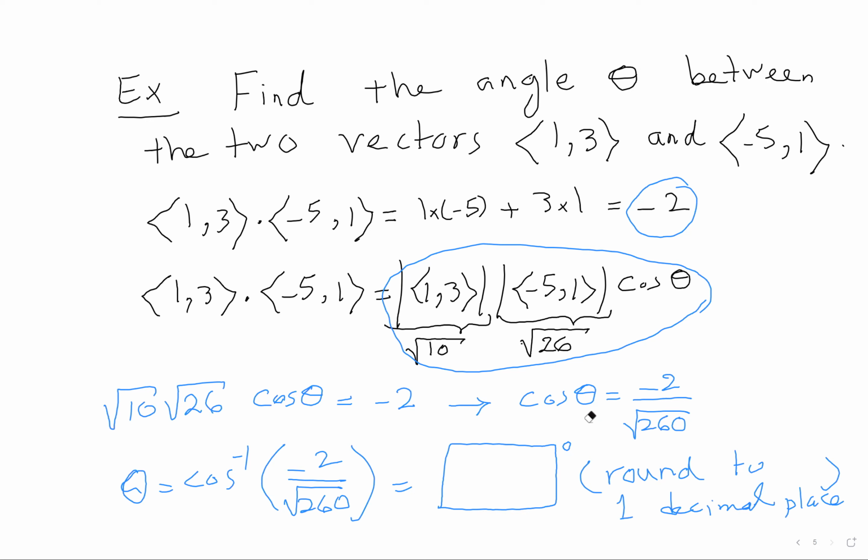This is something that you have done in pre-calculus. If you do it correctly, at the end, you should get the angle is going to be 97, rounded to 1 decimal place, 97.1 degrees.